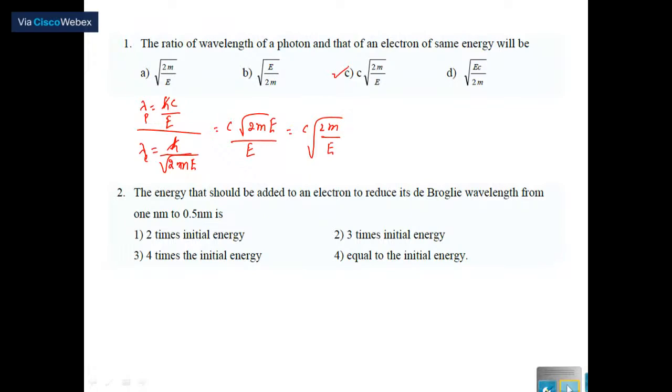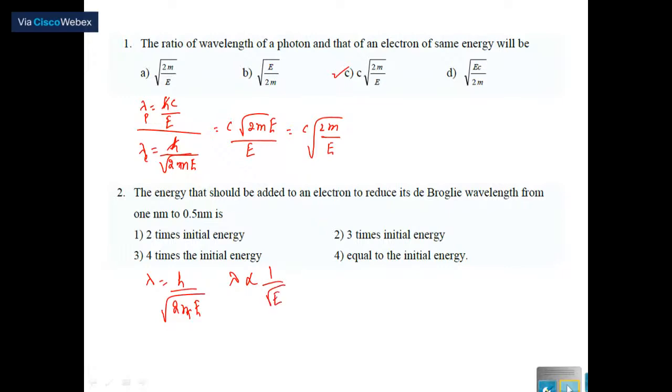How the de Broglie wavelength depends on the electron is the question. The de Broglie wavelength lambda is equal to h upon the square root of 2m into capital E. Since it is the same particle, he is mentioning only the electron, lambda is inversely proportional to root of E.